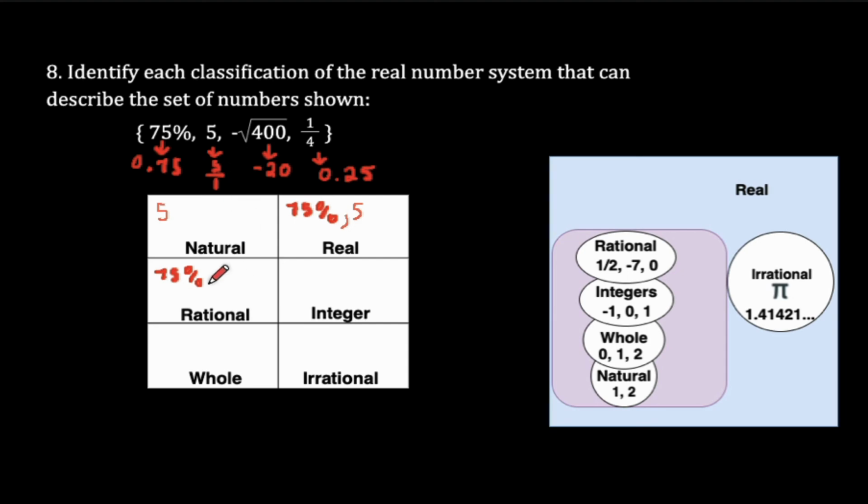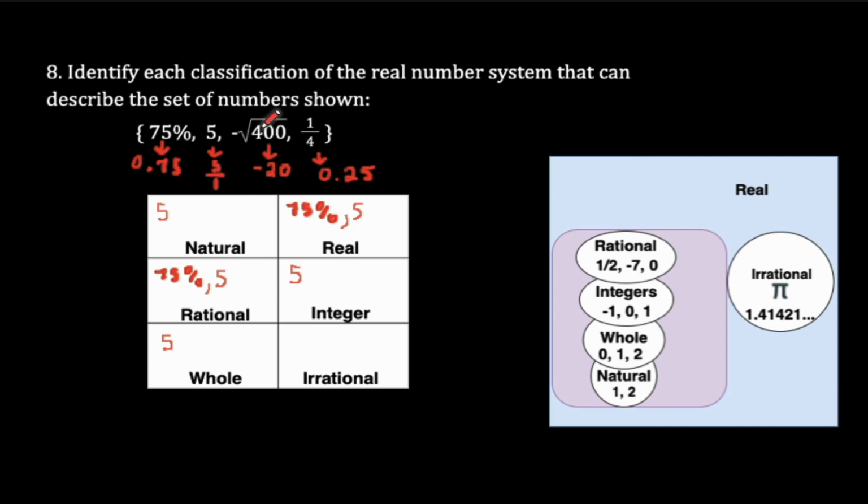So we'll place 5 here as well. Is it an integer? Well, yes, it is an integer, because remember, integers contain whole numbers plus their opposites. Is it a whole number? Yes, it is a whole number, so we'll place 5 here as well. Is it irrational? It is not irrational, so we'll leave that blank.